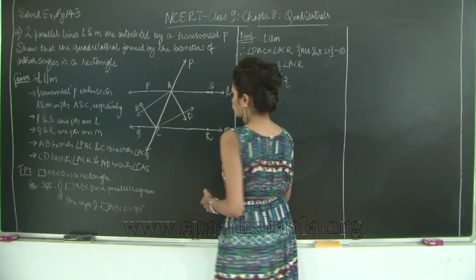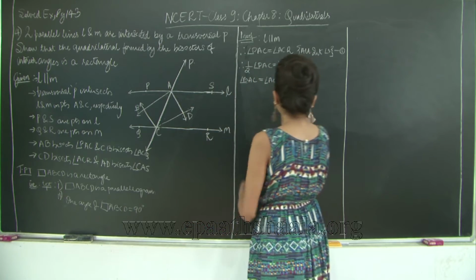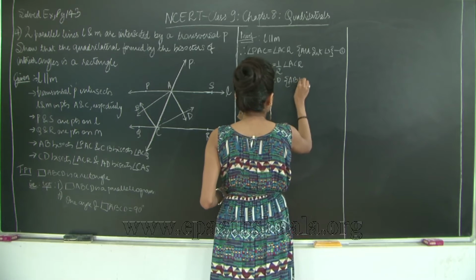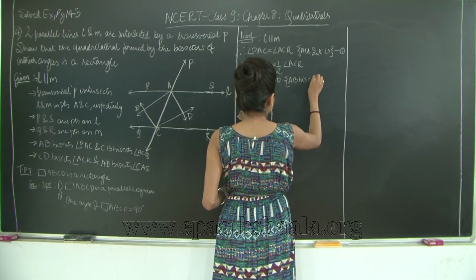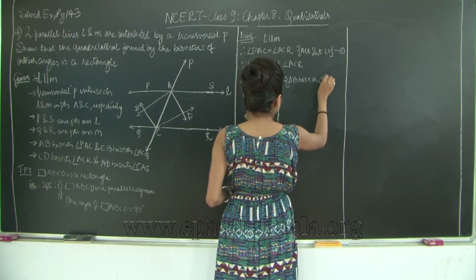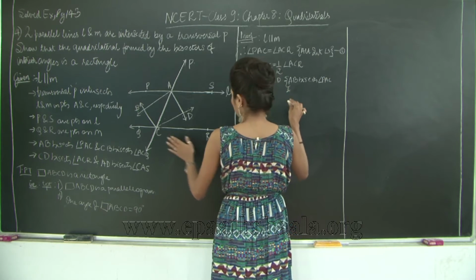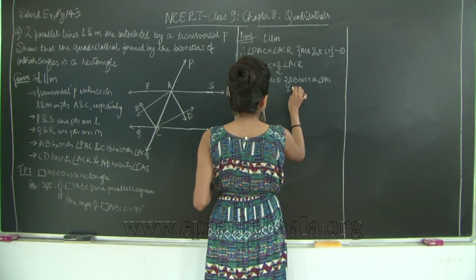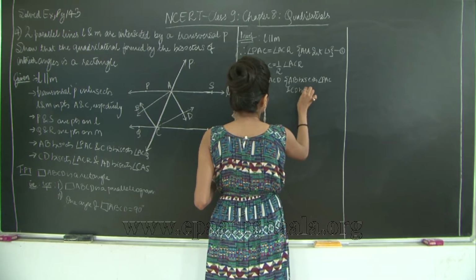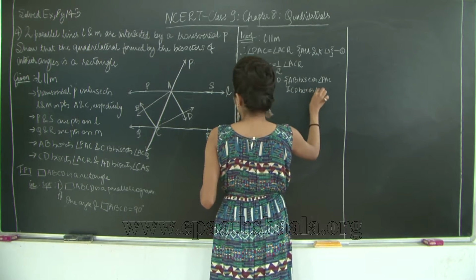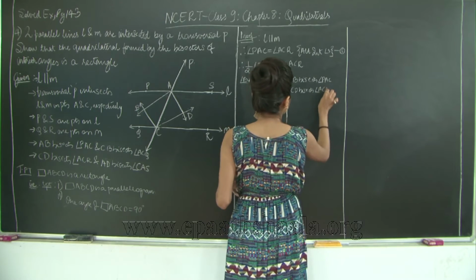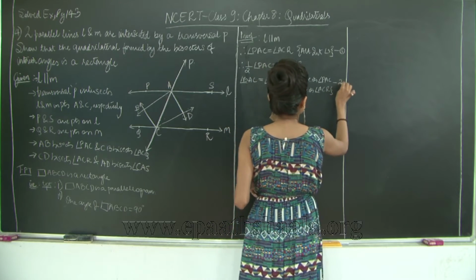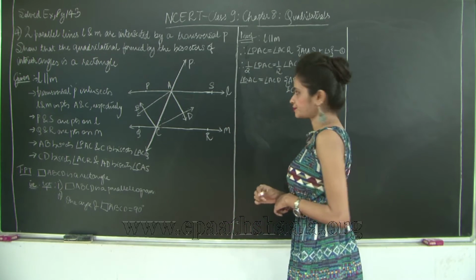And in brackets I am going to say AB bisects PAC and CD bisects angle ACR. I will mark this point as 2.